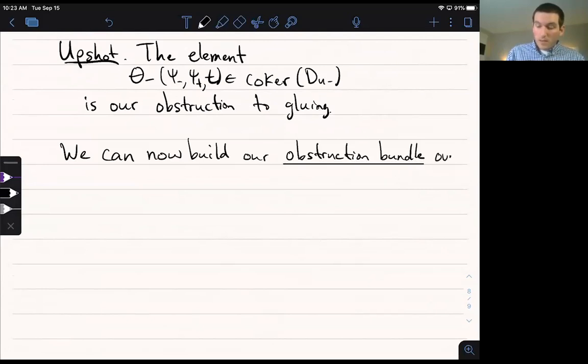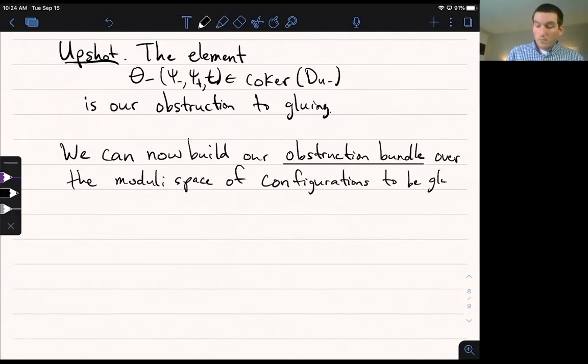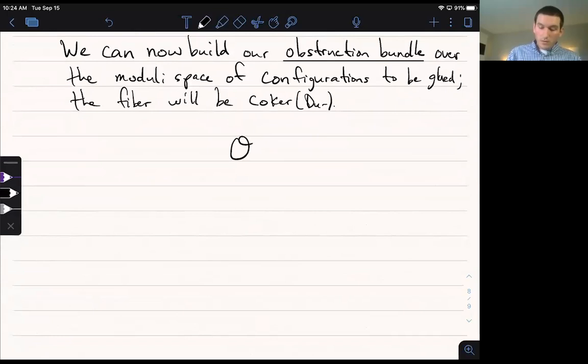And the base of this obstruction bundle will be the moduli space of configurations we want to glue. And the fiber will just be this co-kernel where our obstruction lives. So we're going to have an obstruction bundle living over M, and I'll label these.